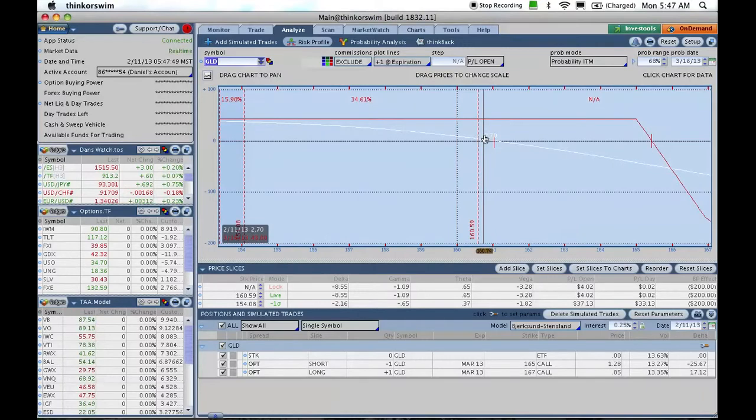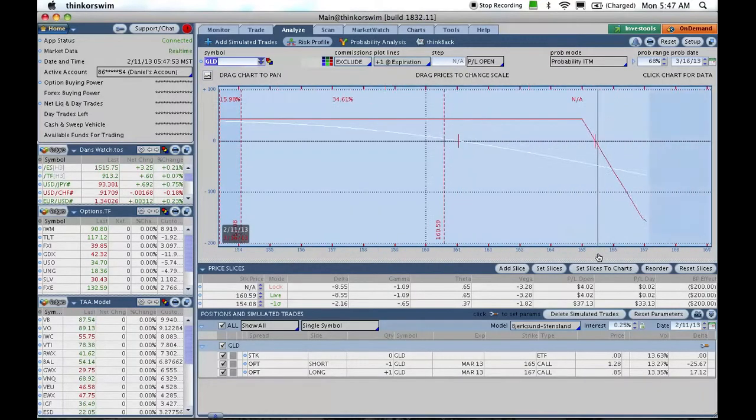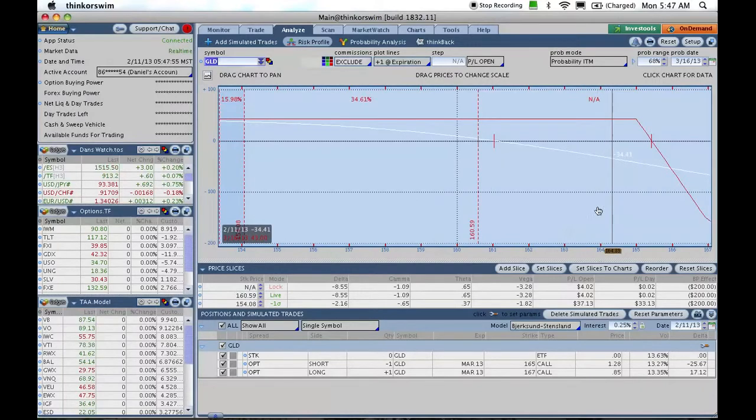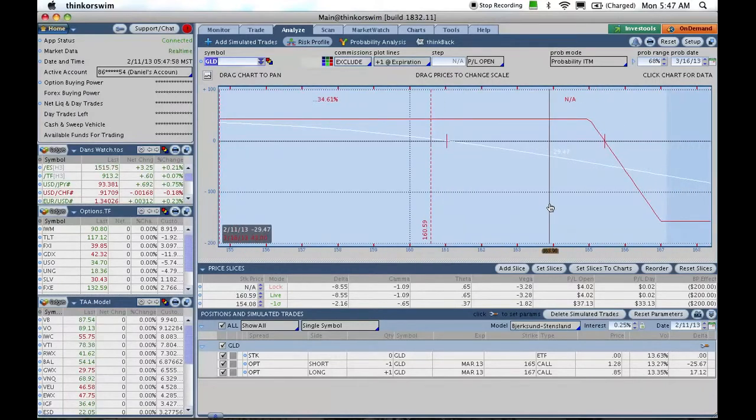Gold. So this is sort of interesting. Gold is the opposite position. So if we were short a market, this is what our position would look like. It's just the opposite of the long position in the Russell 2000 or the IWM. But this is what a short vertical would look like for us if we want the market to go down.